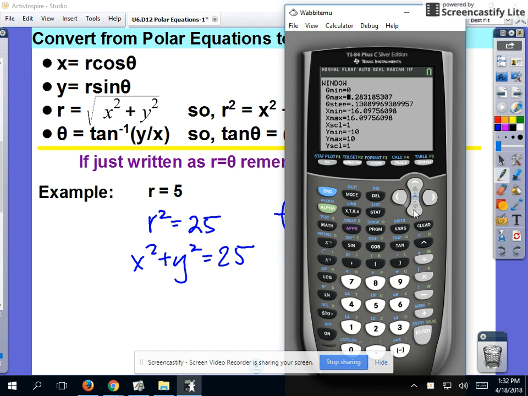So the lowest value that theta is here is 0, and the highest is 2 pi. So if we just change this up real quick to theta equals pi, when we graph, we're only going to see half of that circle. So sometimes it's important for us when we're graphing things, in particular, like the roses that you saw yesterday, if we're graphing 5, I don't know, sine of 3 theta, and we press graph, what you might not recognize is it actually went over that twice.